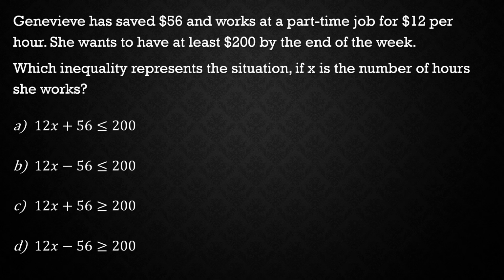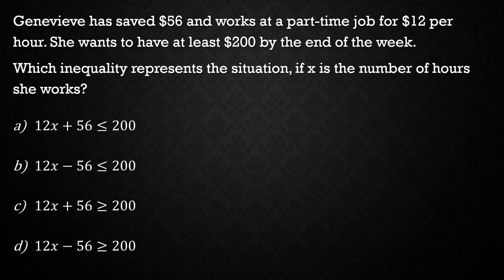Okay, so one thing here is we want to read these questions carefully because the keywords are going to tell us which way our inequality should be facing. And with inequalities, it's always best to plug in some numbers and see if it makes sense with how it's facing, right? So I know she has $56 already, and then she's also earning $12 an hour at her job.